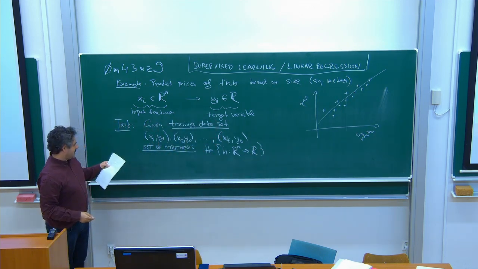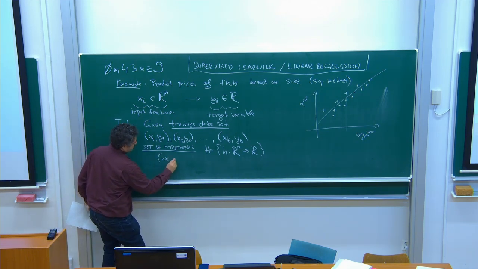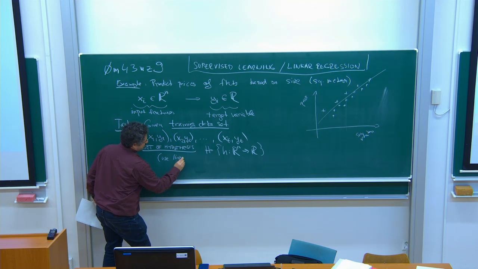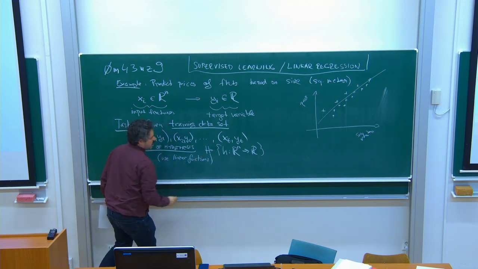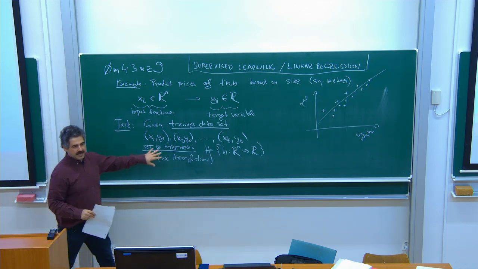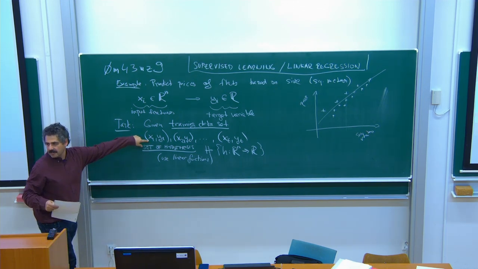And in this case, we will use linear functions. So this will be simply a linear combination of individual features from the vector.